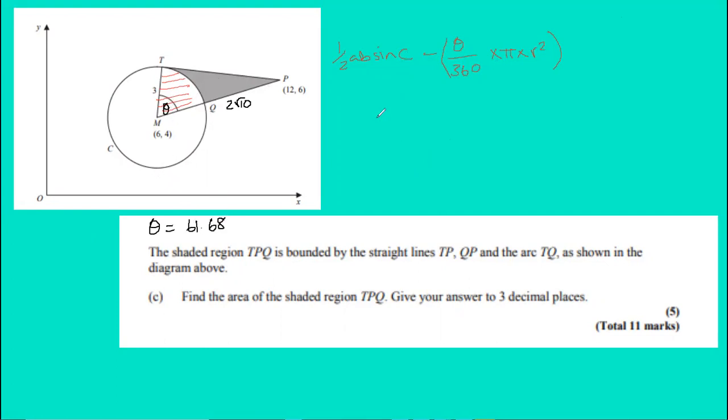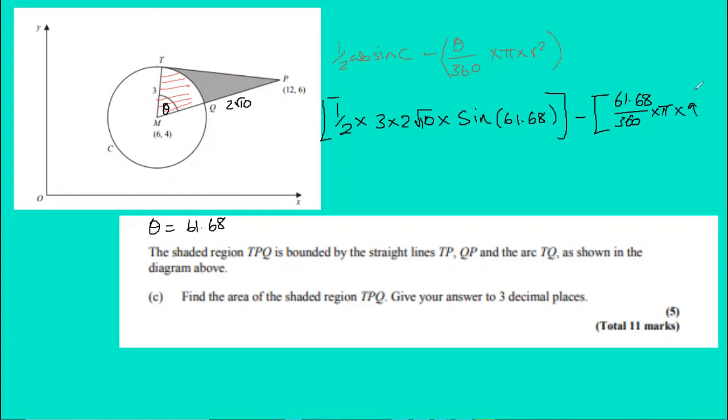Okay, so we've got a half times 3 times 2 root 10 times sine theta, which is 61.68. Plug that into my calculator, and then I'm going to subtract 61.68 over 360 times pi times 9.